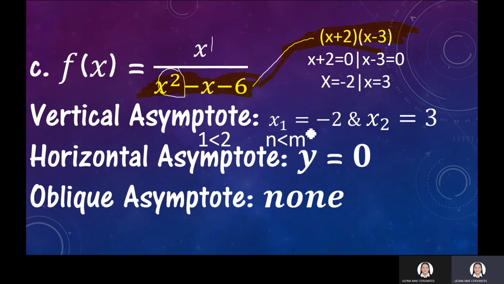Then, horizontal asymptote, y is equal to 0. Since highest exponent ng numerator is 1, highest exponent naman ng denominator is 2. So, 1 is less than 2, therefore n is less than m. Then, i-check sa theorem or i-memorize yung theorem. If n is less than m, y is equal to 0. Oblique asymptote, none. Okay? Next.